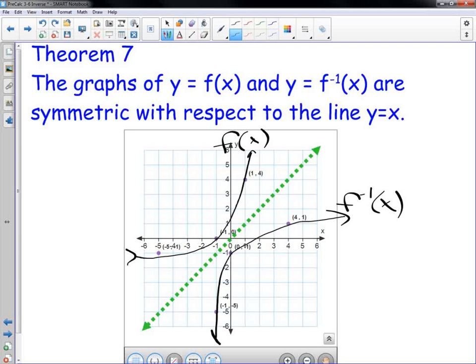Anytime you have an inverse function, it will be reflected over that y equals x line. Do those two look like reflections? To use a little bit of imagination. Oh man, I made my arrow backwards. There you go. So it looks like they should be reflected. Anytime that you graph two of them, it would look like it was reflected over the y equals x line.